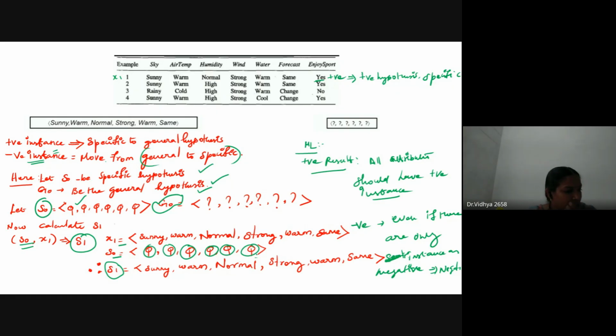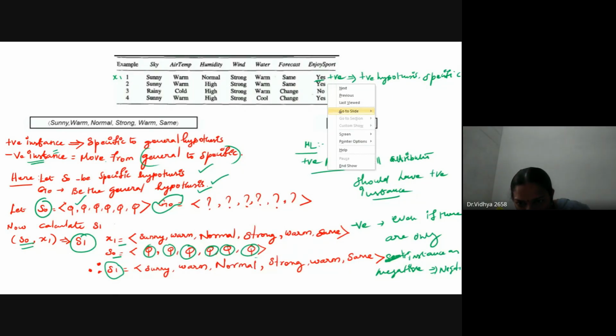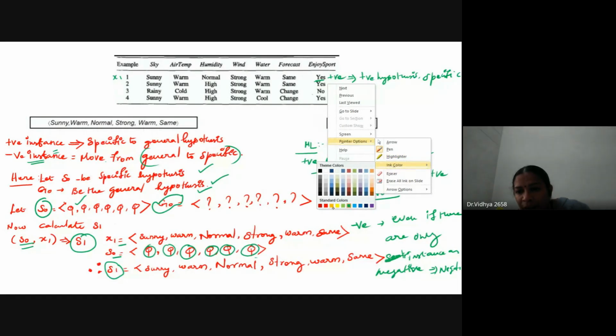Since it is a positive instance, we are calculating the specific hypothesis only.